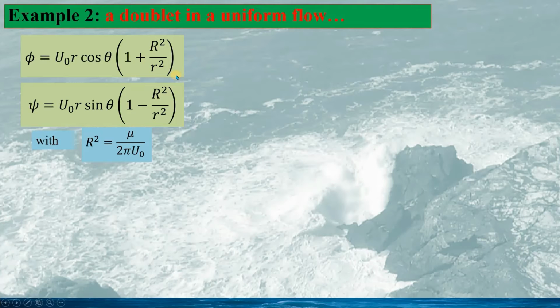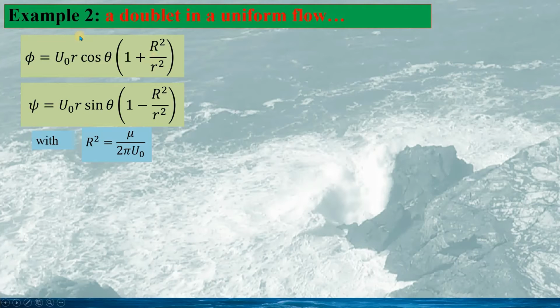As we already obtained the potential function phi and the stream function psi, here we use capital R squared given as this. So mu is the strength of the dipole and U0 is the uniform flow velocity.